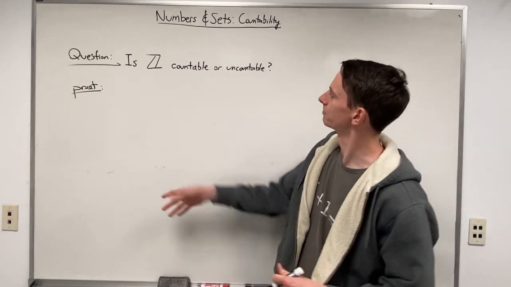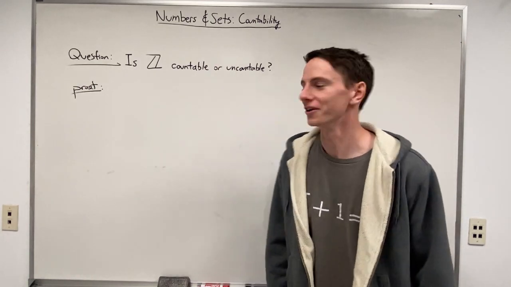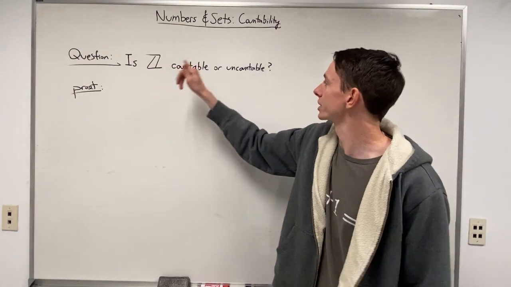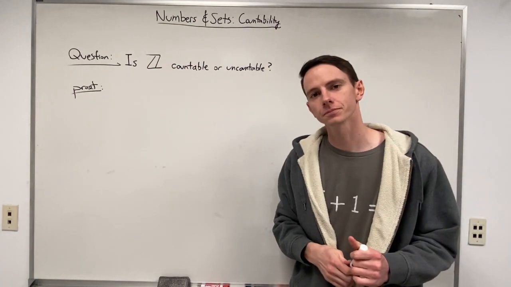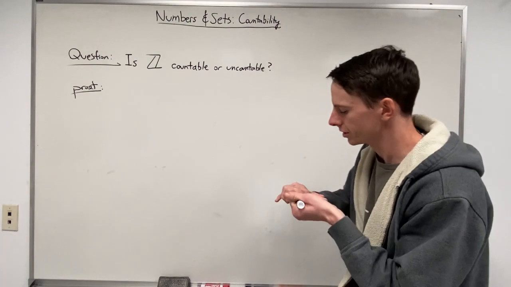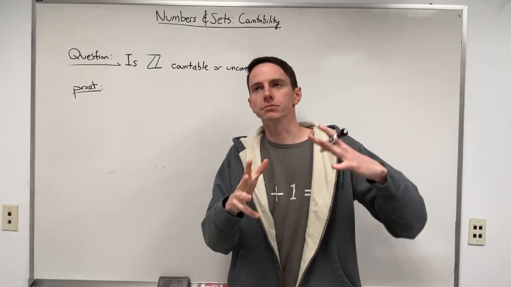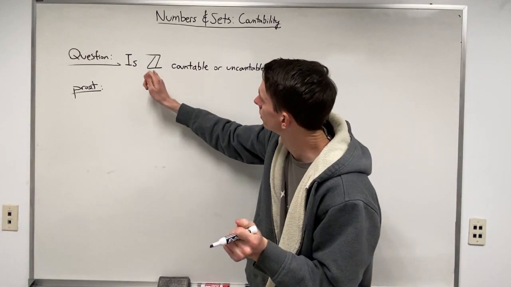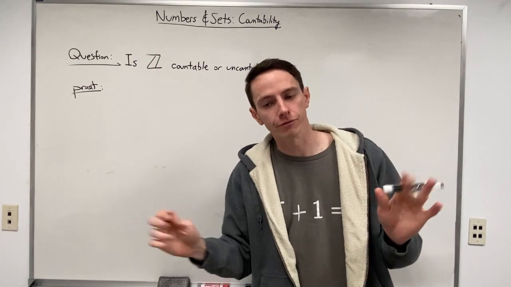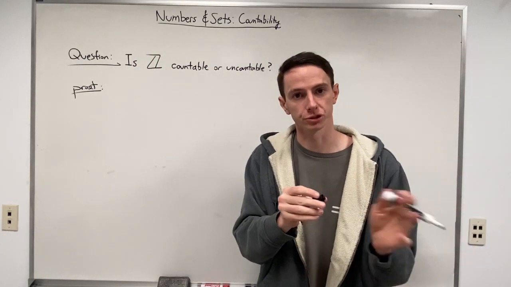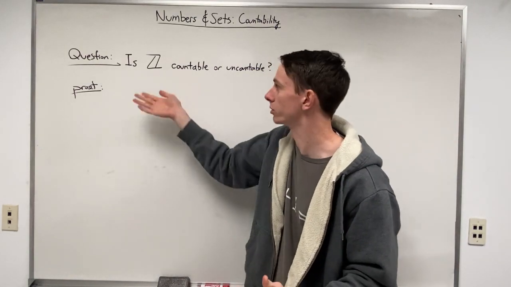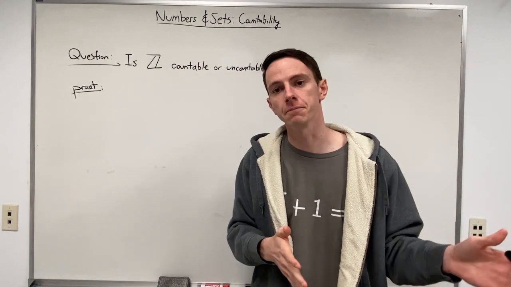All right, so the first question of the video: is the set of integers countable or uncountable? We're going to do this relatively often: we want to compare whatever set we have with the natural numbers. That is a common technique to determine if a set is countable or not.